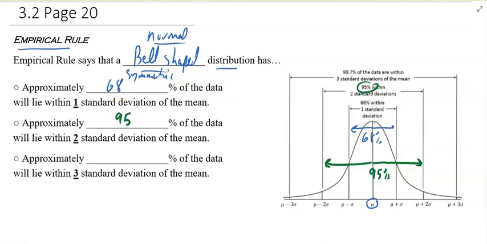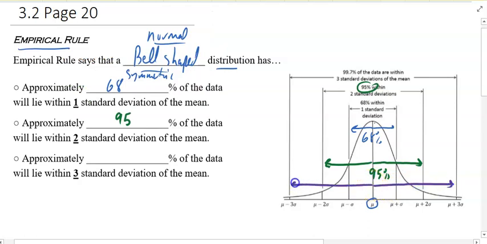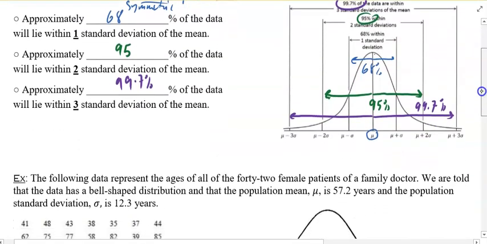And if you add 3 standard deviations and subtract 3 standard deviations, you're going to accumulate roughly 99.7% of the measurements. If you see the bell-shaped curve, symmetric, or a normal distribution, that's what it means.